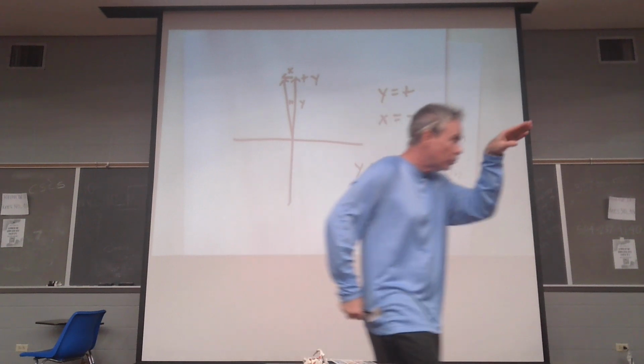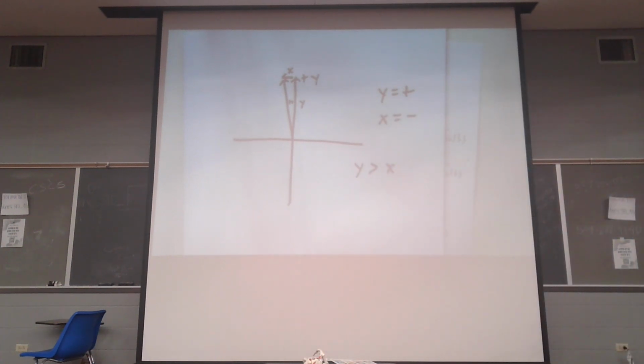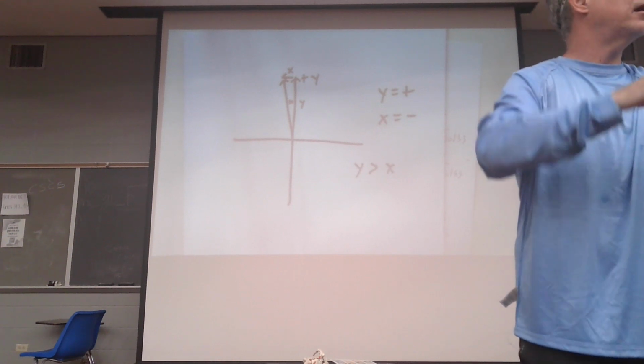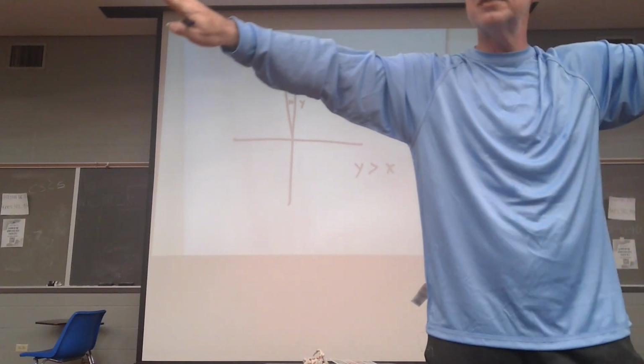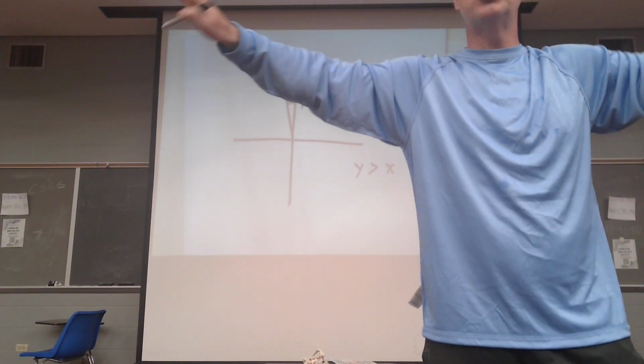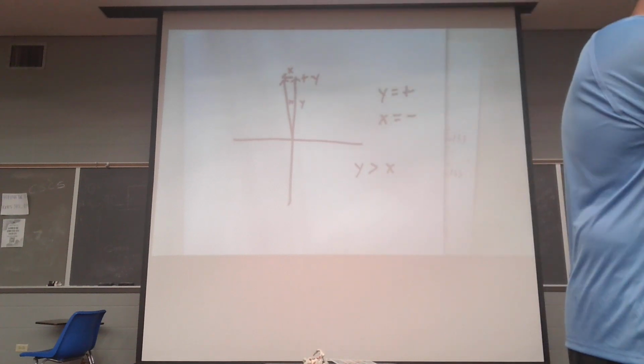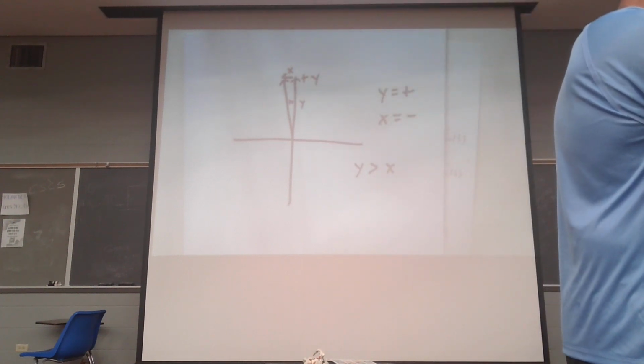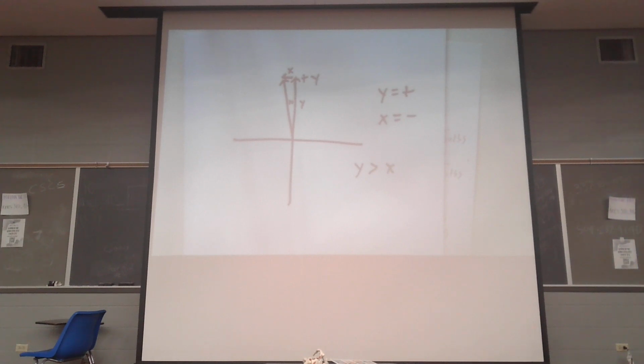And I'm not saying optimal is 45, but that's what this is all about, is understanding how angles will change components. And in velocities, throwing things, the y component gives you time in the air, and the x component gives you distance. So do you want to cover a lot of distance in a little amount of time? Or do you want to cover a little distance in a lot of time?